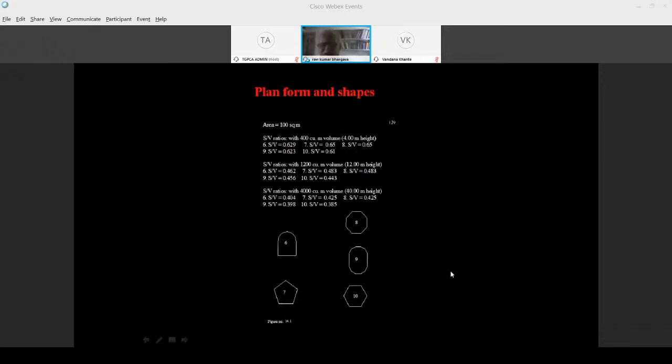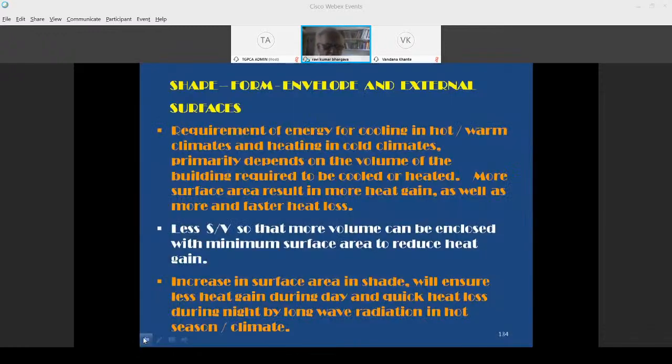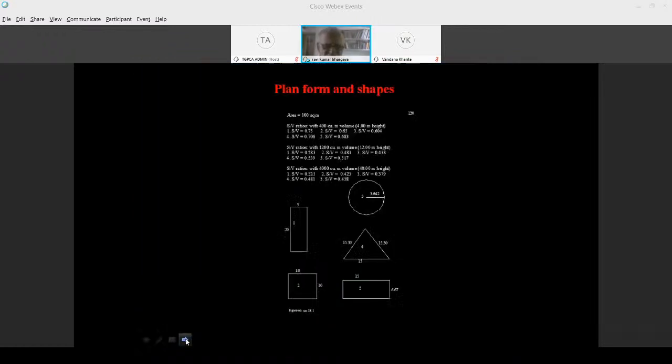We can go for any area, not necessarily only 100, but it will be easy for calculation if we have a round figure. So let us assume all the building forms have 100 square meters. Various shapes are here. You can see the geometric shapes. So, friends, with 100 square meters of area, different forms we can study and analyze.